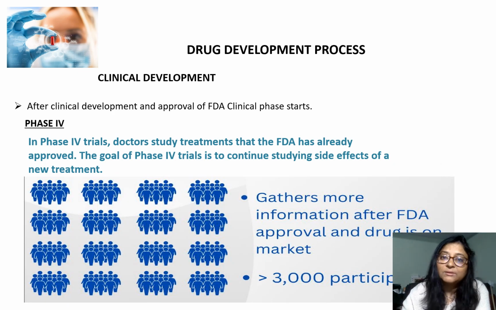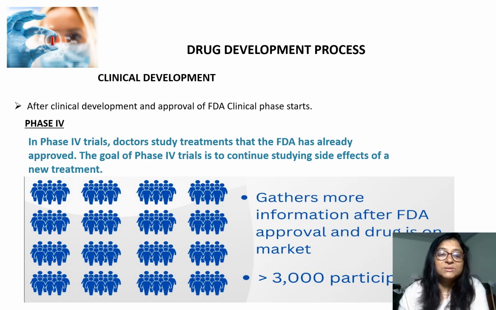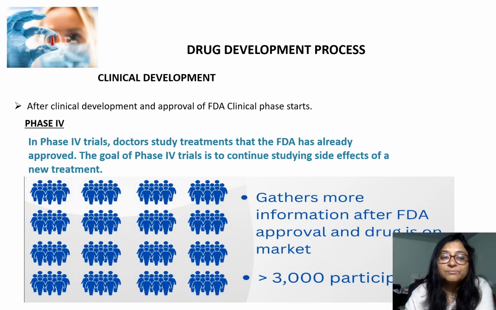Now there is clinical phase 4. Obviously one question will come to your mind: if medicines are already going into the market in clinical phase 3, then what is the need for clinical phase 4? Basically, clinical phase 4 is required to study whether there is any long-term side effect.